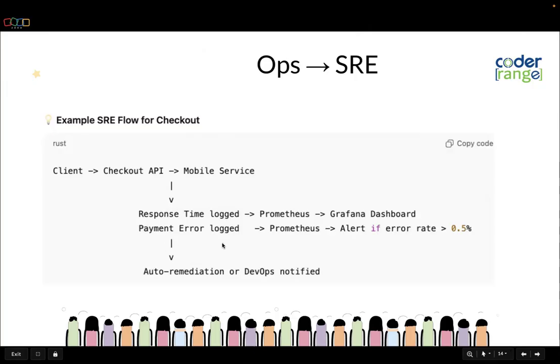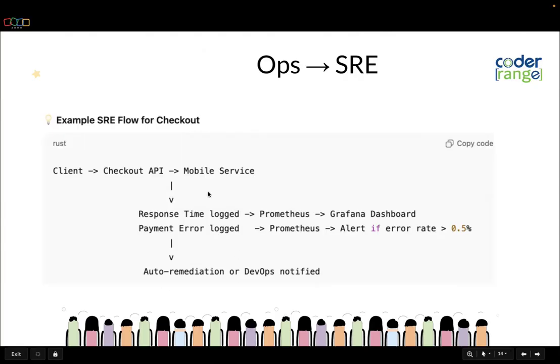And if there is any issue with the DevOps side, we also do auto remediation through DevOps notification. So we try to see both. When the API is being hit, we see the response time log and the payment error log. We see Prometheus and we alert if the error ratio is greater than the threshold. This is how SRE basically works, different from DevOps.